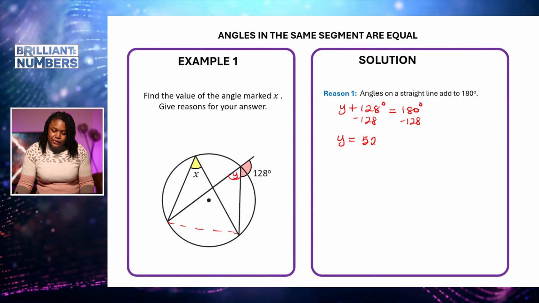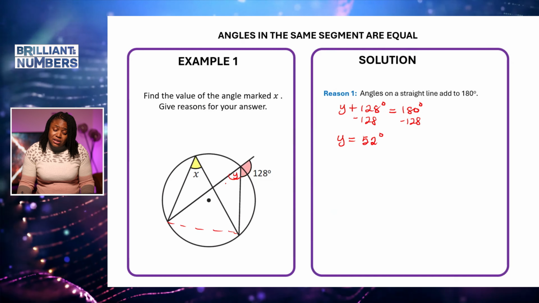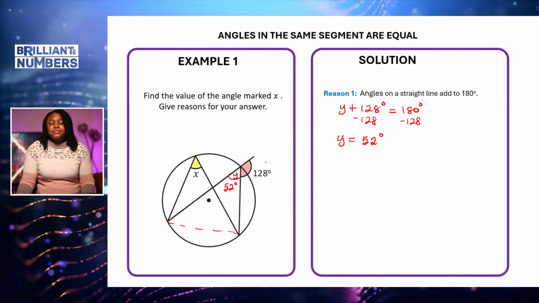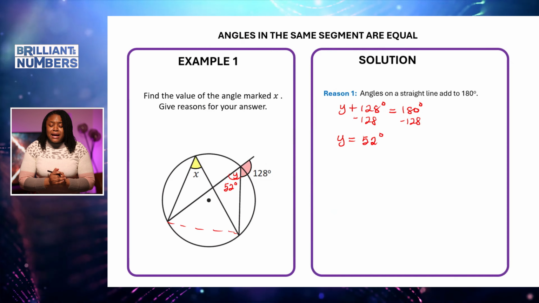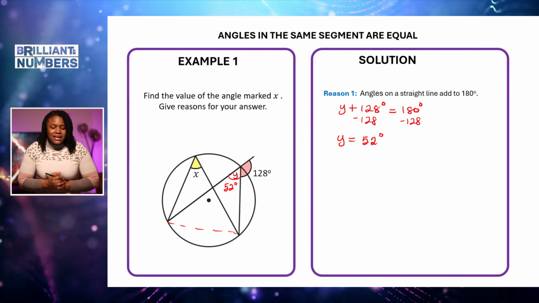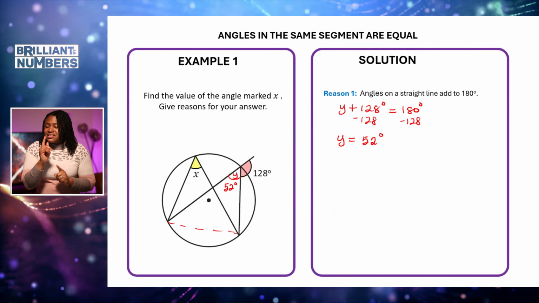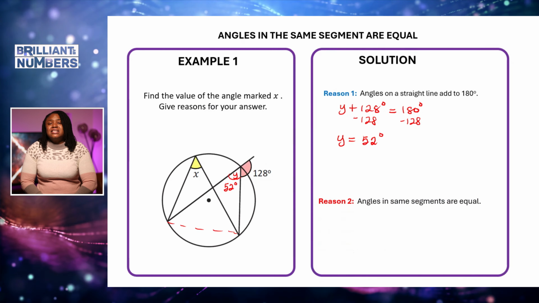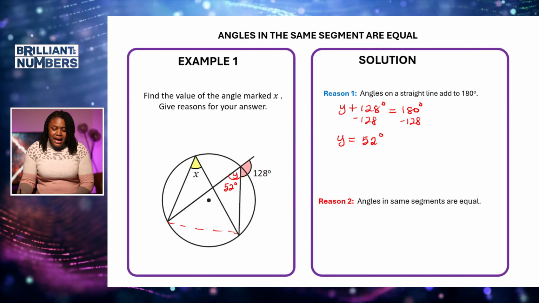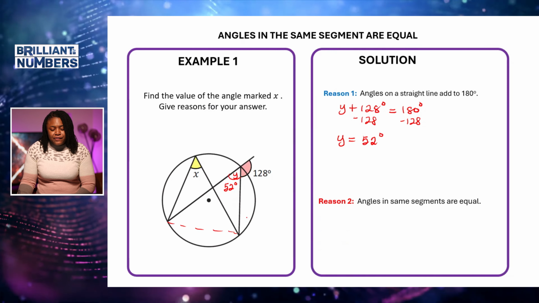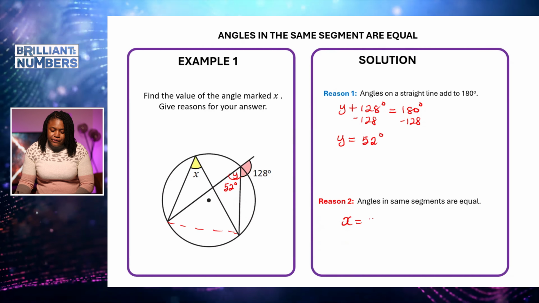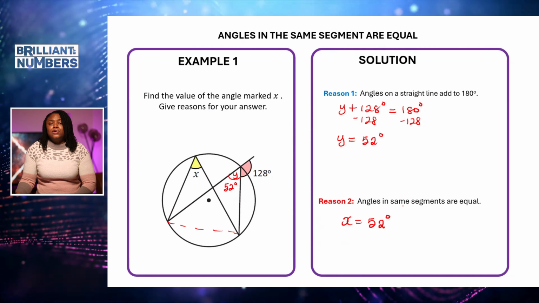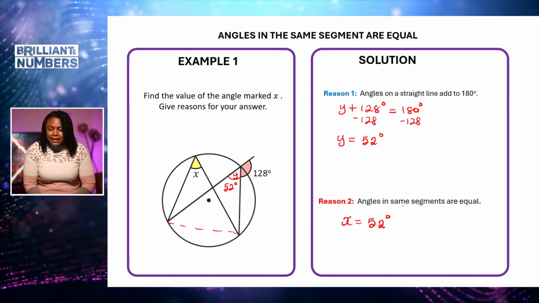So Y is 52 degrees, but I wasn't asked to find Y. Clearly, there's not much work to do here because I'm now going to use my theorem that I've just learned. Angles in the same segment are equal, so that's my second reason. And therefore, if Y is 52 degrees, then X would also be equal to 52 degrees because angles in the same segment are equal. And just like that.